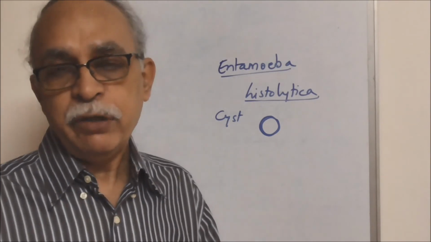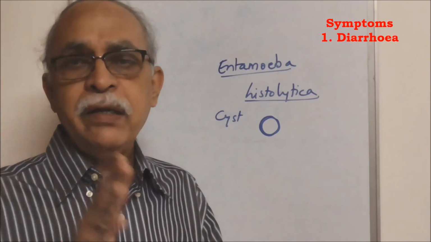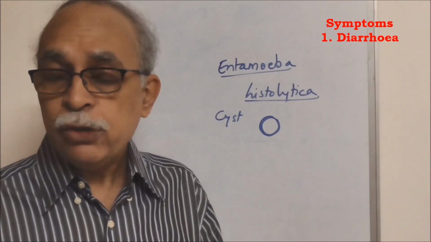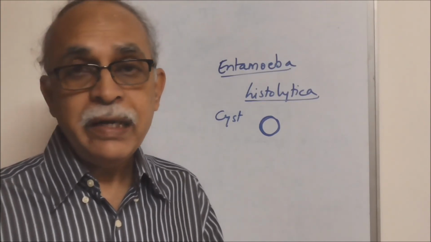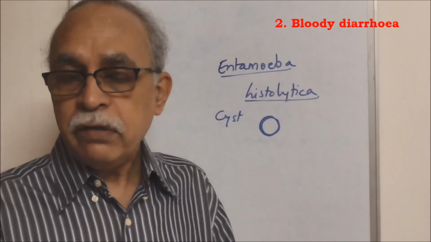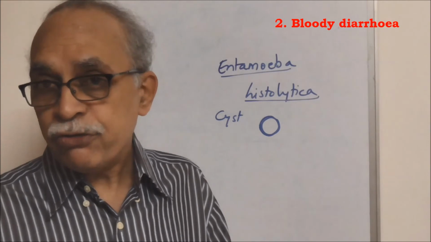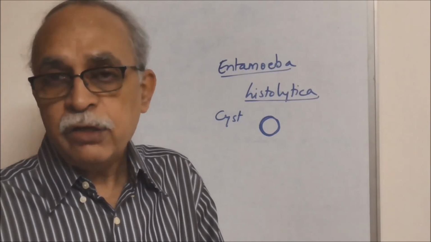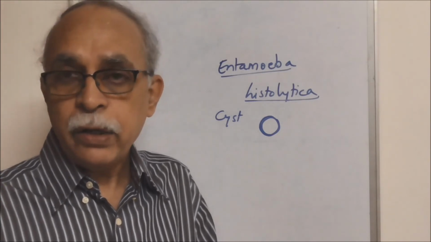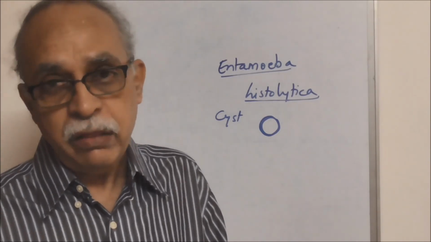Now, what are the symptoms? Primarily, it causes diarrhea. Then, gradually, the diarrhea becomes severe, it leads to bloody diarrhea. Then the parasite which has entered the intestinal lining may enter the bloodstream, and through the bloodstream it may get carried to different organs. It may get carried to the liver, to the heart, even to the brain.